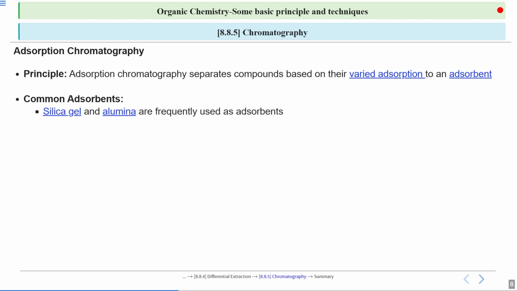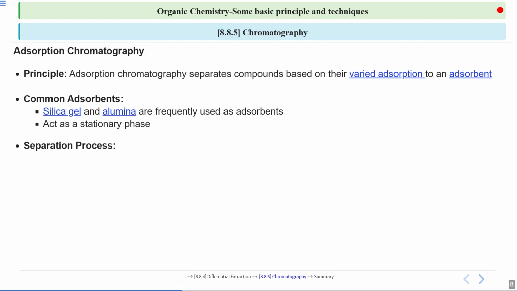So we often use silica gel or alumina as an adsorbent. And your adsorbent will act as a stationary phase here. Remember, we talked about a stationary phase and mobile phase. Stationary phase is one which is fixed. So here the adsorbent that you are taking is either silica gel or alumina, that will act as a stationary phase.